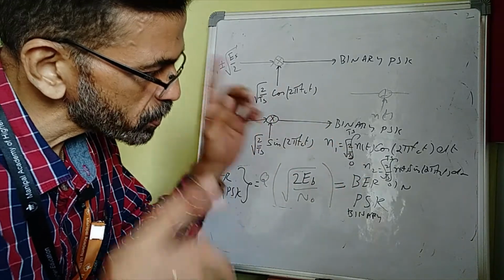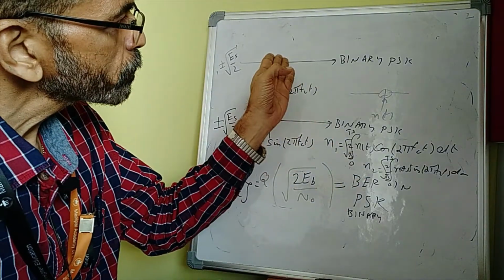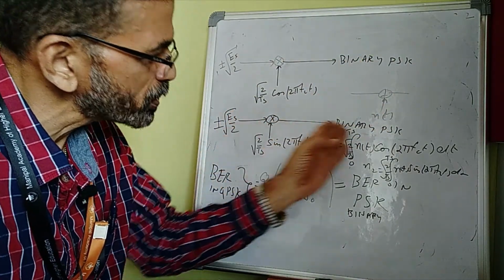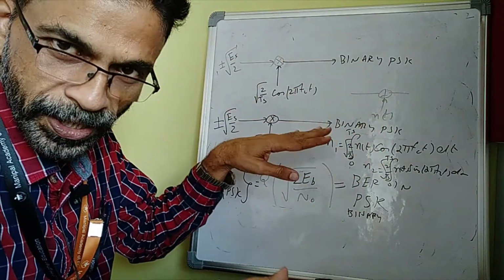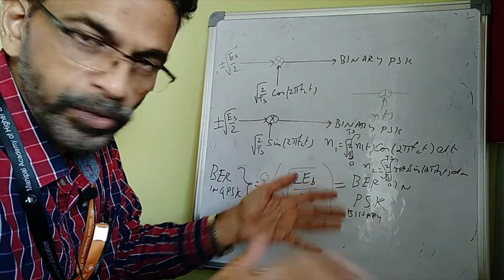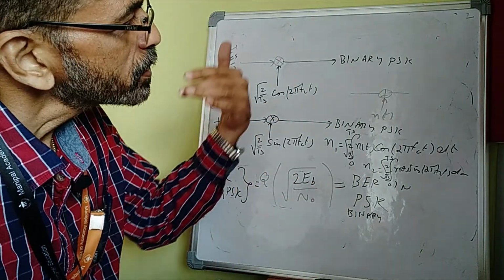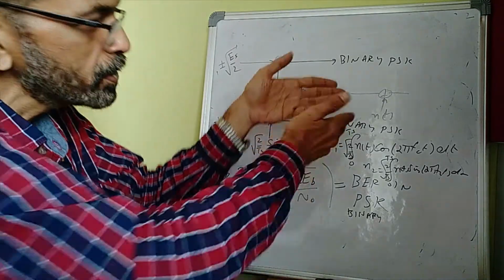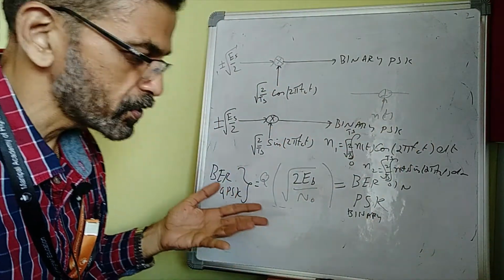So the noise which corrupts this binary PSK and the noise which corrupts that binary PSK, when you split the QPSK into two, are independent. So it is not necessary that the errors here will have a bearing on the errors that are going to happen here. The errors will be independent of each other.